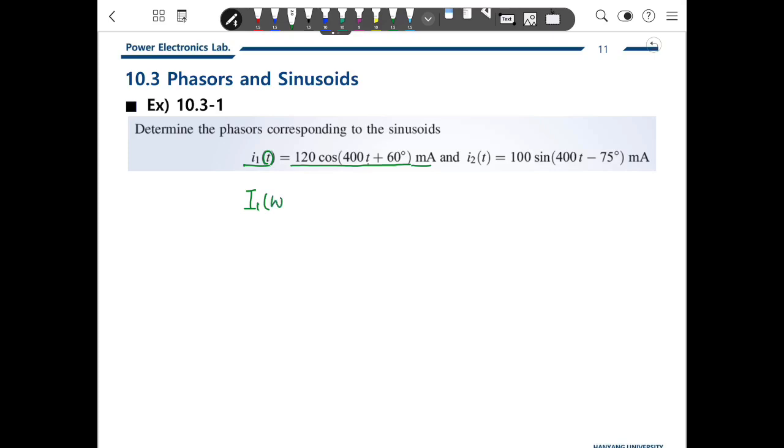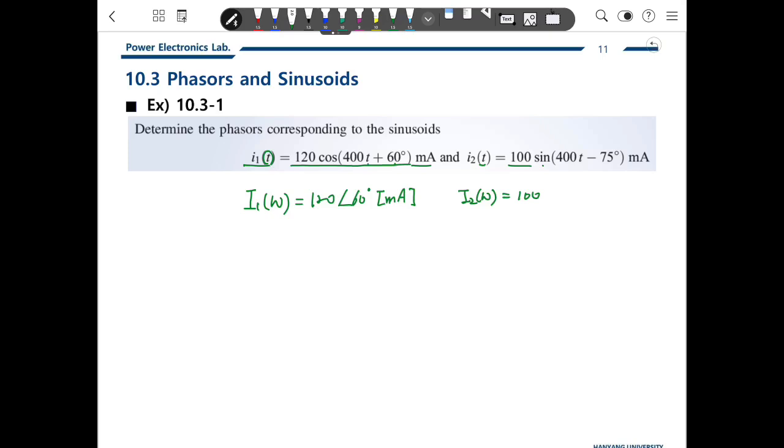We use omega. Then 120, and the phase is 60 degrees, and the unit is milliampere. And also I2, this is not a function of time. This is omega, the frequency domain. Its magnitude is 100.